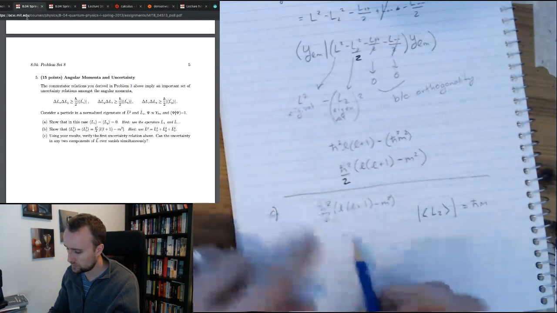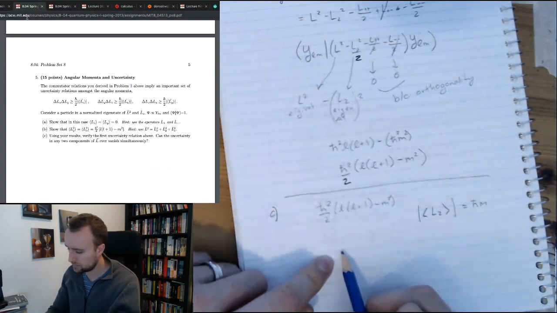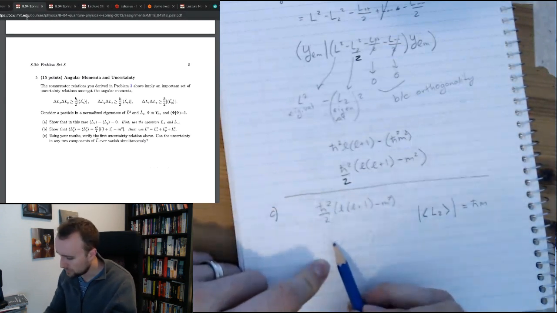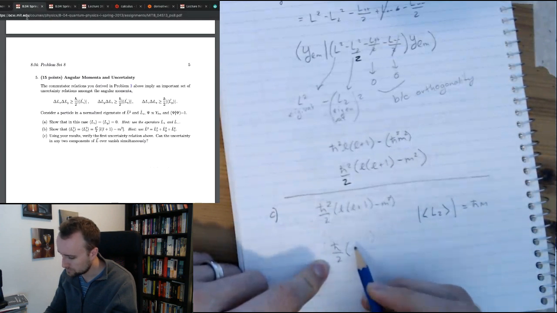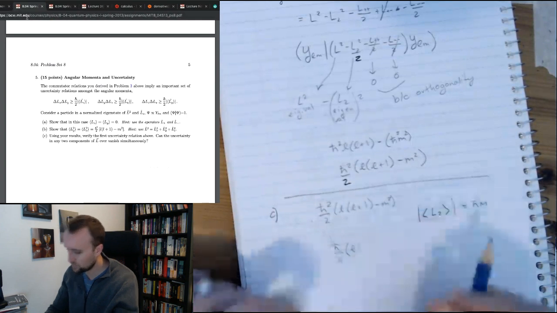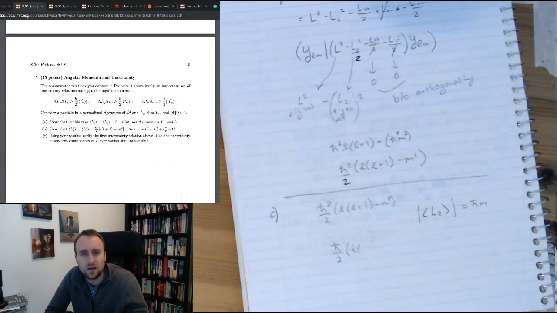So we take the square root of this and multiply it together, and we get the same thing. And then we have, well, we're not getting rid of the m there. Why would that be the Lz expectation?